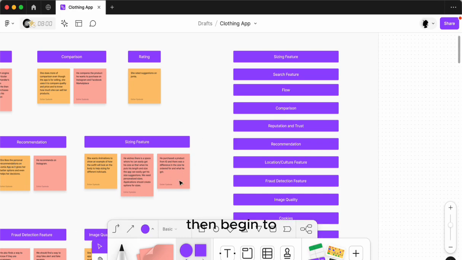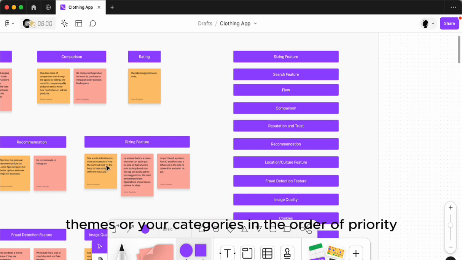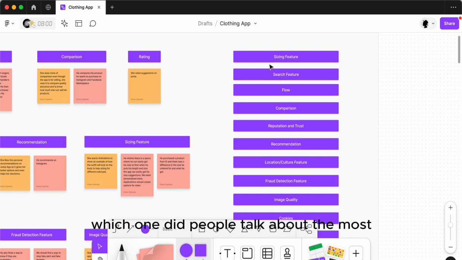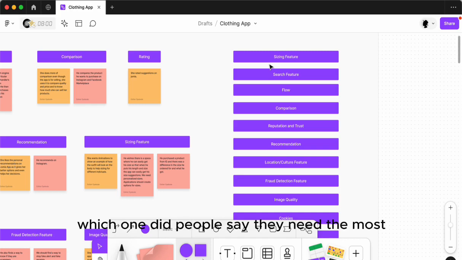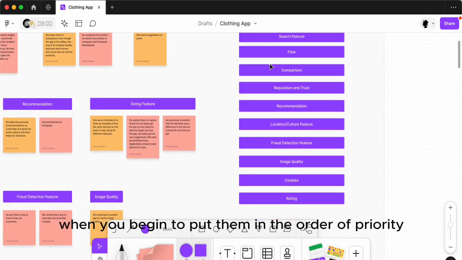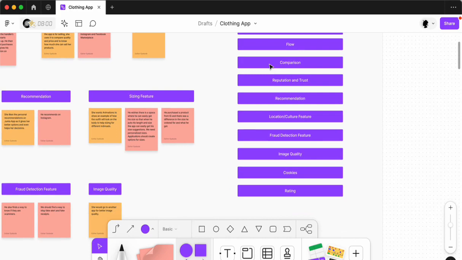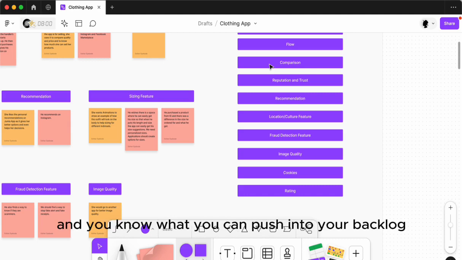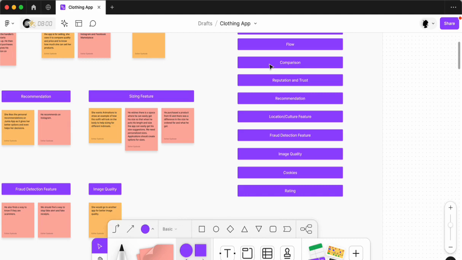So you would begin to arrange your themes or your categories in the order of priority. Which one did people talk about the most? Which one did people say they need the most? When you put them in the order of priority, you already have an insight into feature prioritization. This way, you know what you want to create first and you know what you can push into your backlog.